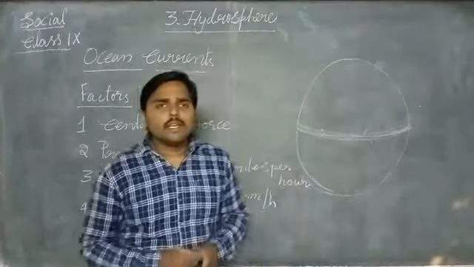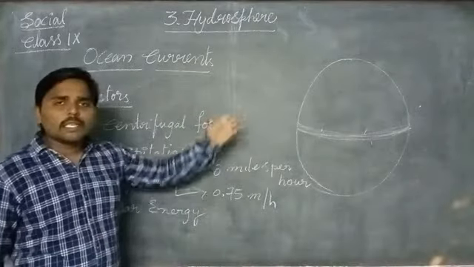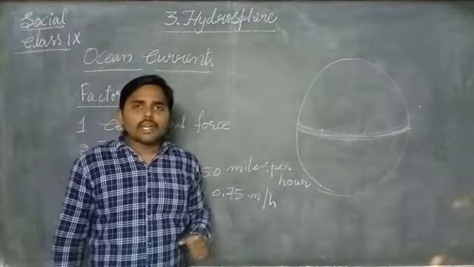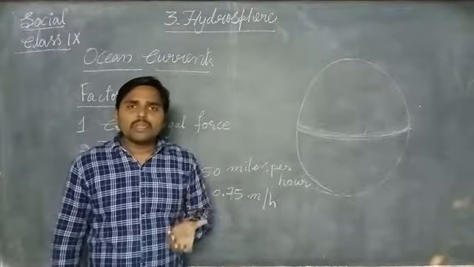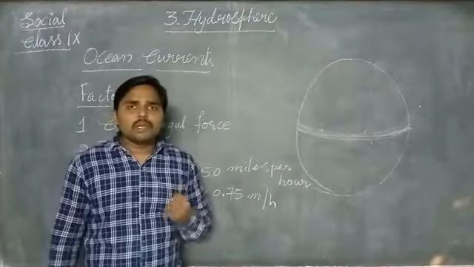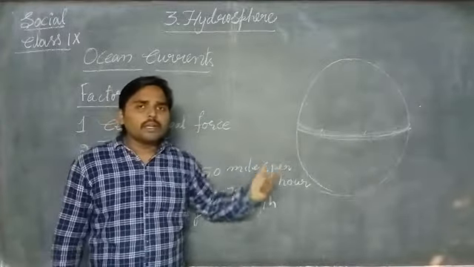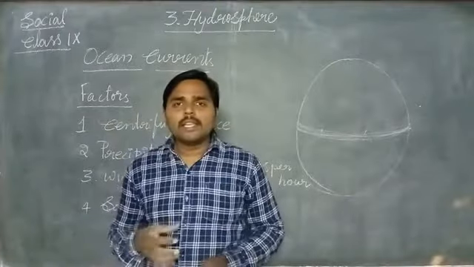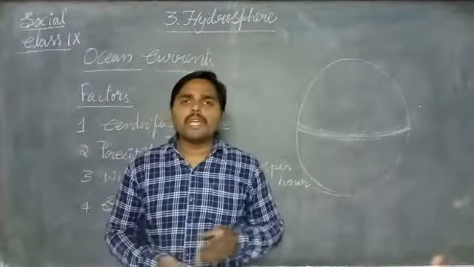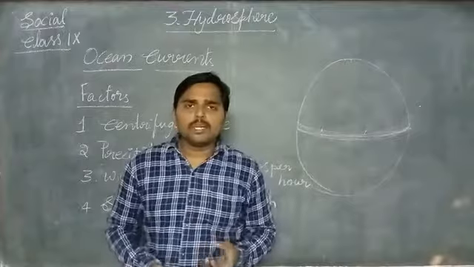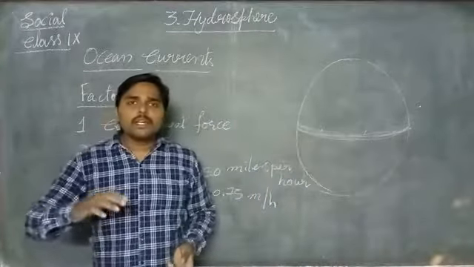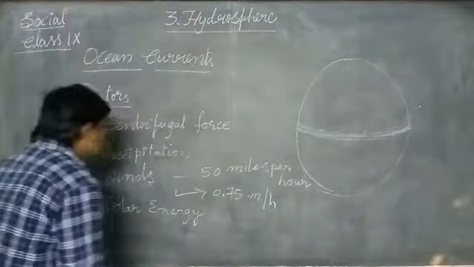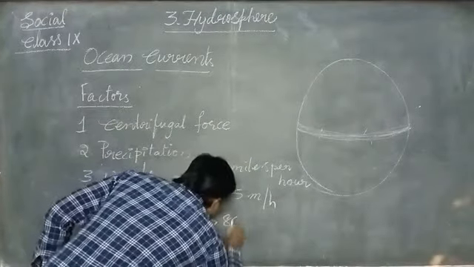Because the sun rays fall directly on the equatorial region, the oceans get a heavy amount of heat energy during the summer. Whenever we boil water, generally the water expands. Due to the heavy heat absorption at the equatorial region, the water in the ocean expands up to 8 centimeters.